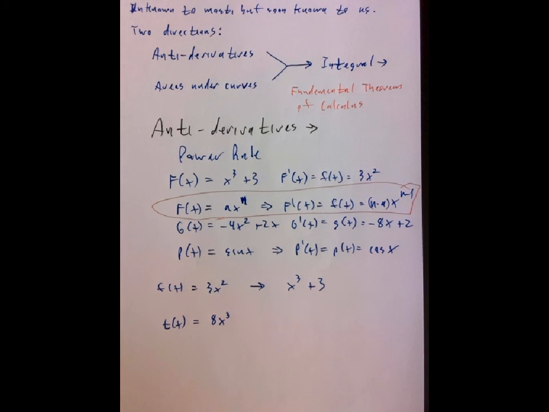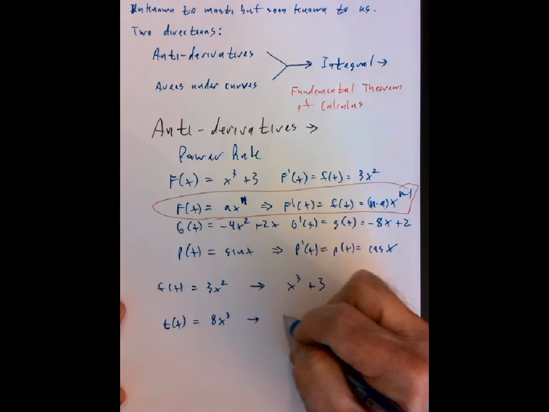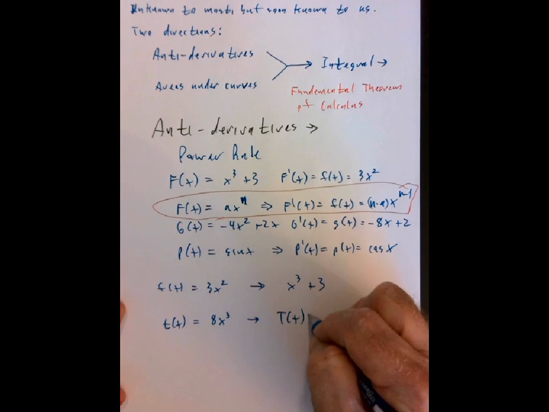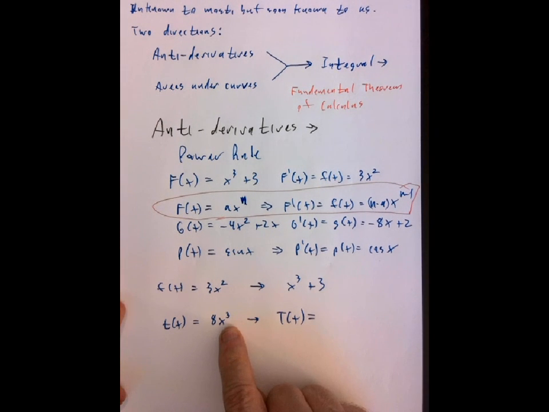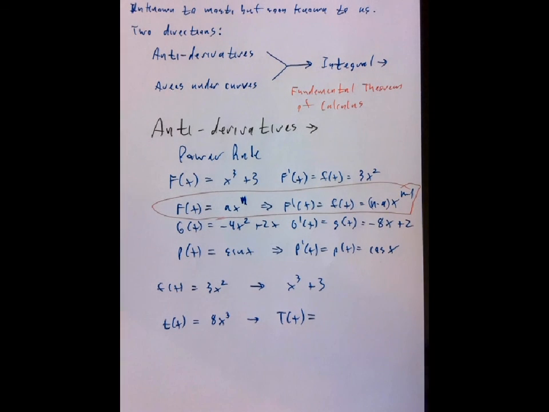I want you to think about this. I want you to put the video on pause right now and think of a function, call it capital T of x, that if we took the derivative of that function, the result would be 8x cubed. Put the video on pause and spend a minute thinking about that and see if you can figure out what it is. Okay, pause now.